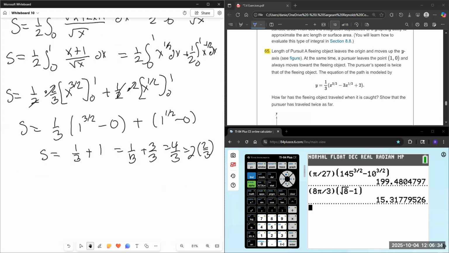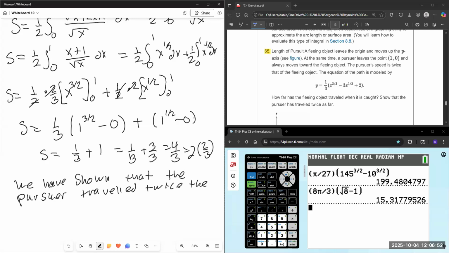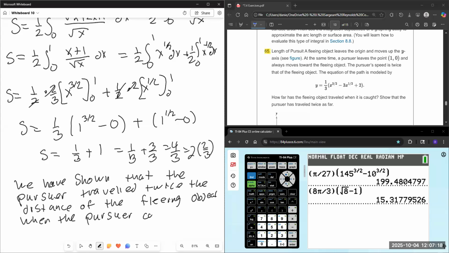So we have shown that the pursuer traveled twice the distance of the fleeing object here when the pursuer catches the fleeing object.